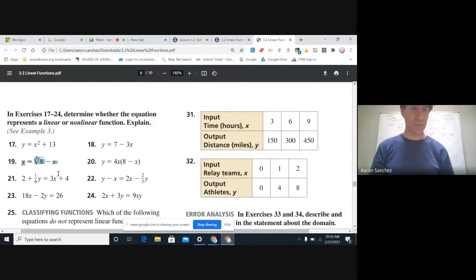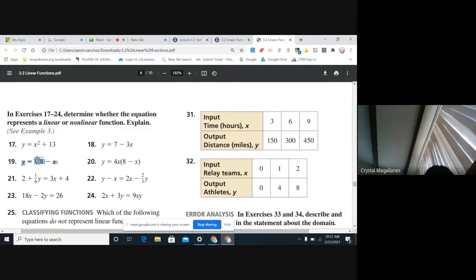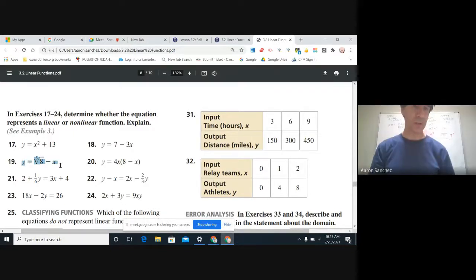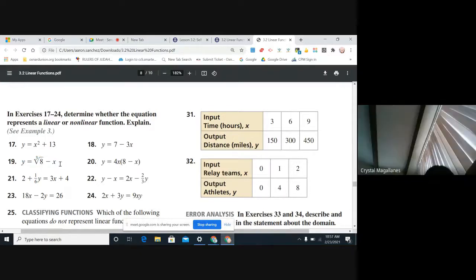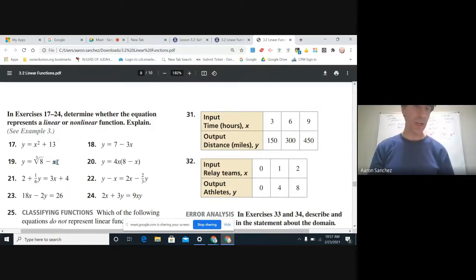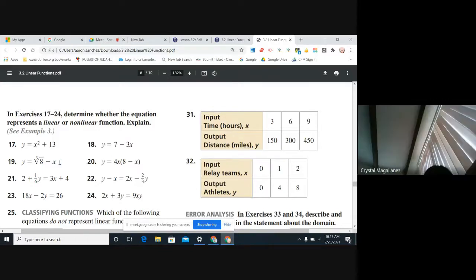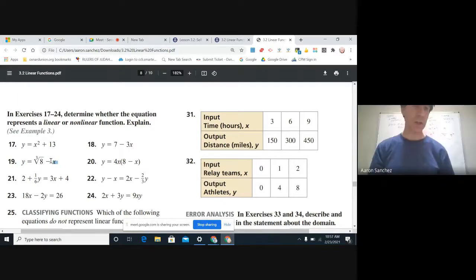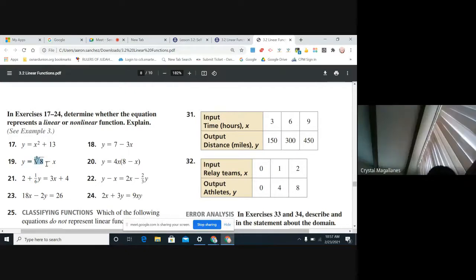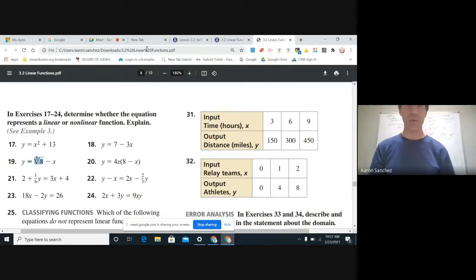Can you see it? Am I presenting? Yeah, I could see it. Okay, what do you think? Is that linear or not? Not. Ooh, try again. Linear. Yes, because there's only one x. Do you see the only one x there? Yeah, I said not because I saw the exponent. Oh, I see what you're saying, that's a good point, but that is not on the x. It's this one right here. Very good, good observation. Thanks for bringing that up, because that threw me off a little bit too.